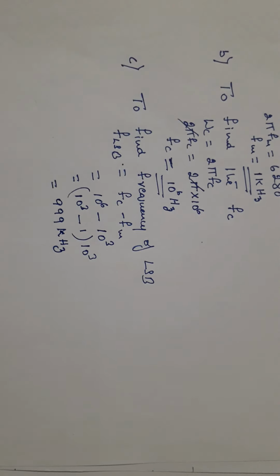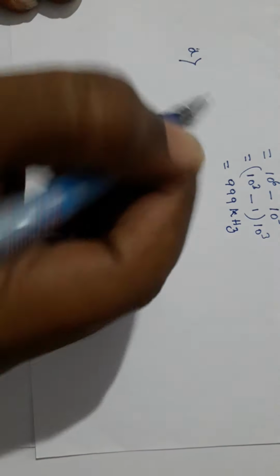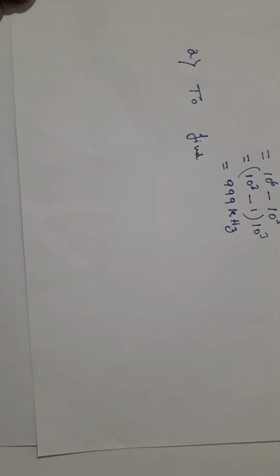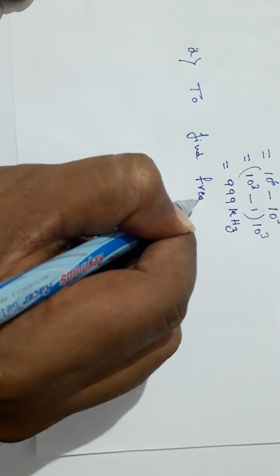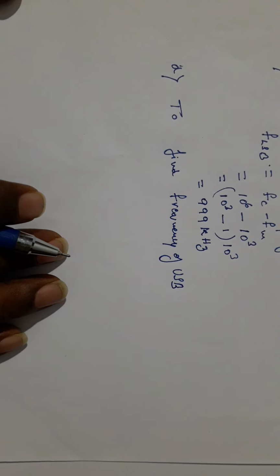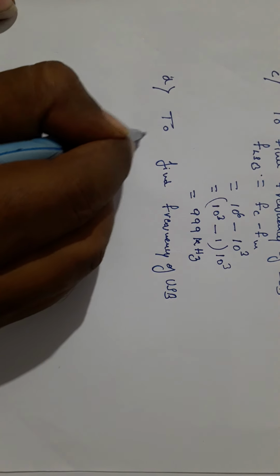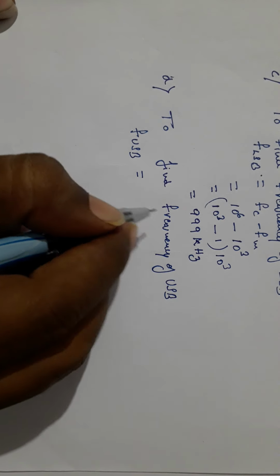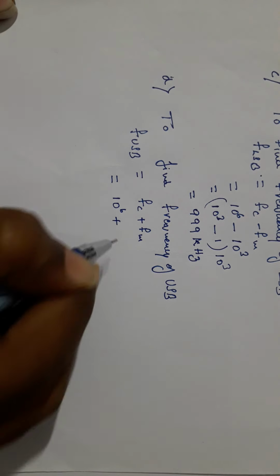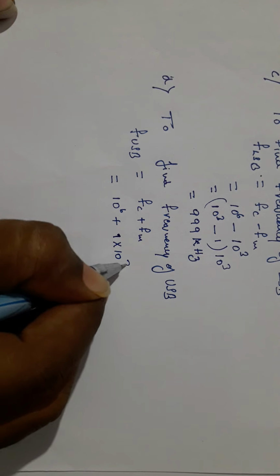Next, D: to find the frequency of USB. We know FUSB equals Fc plus Fm, that equals 10 raised to 6 plus Fm, which is 1 kilohertz, 1 into 10 raised to 3.